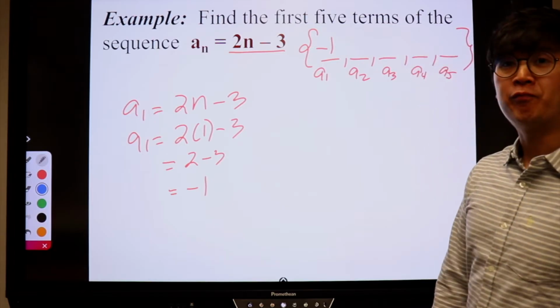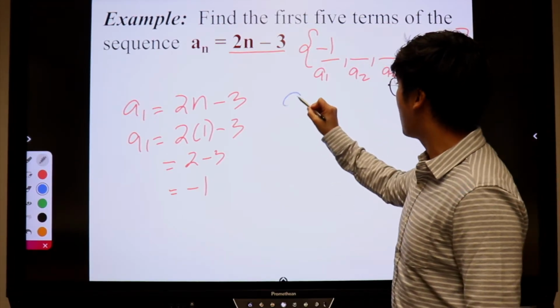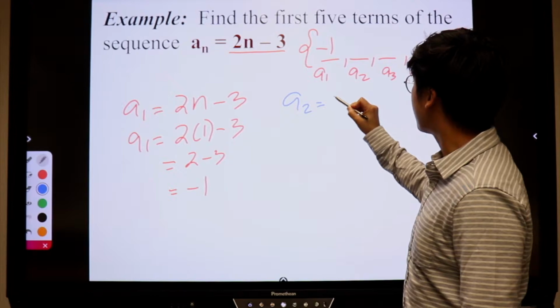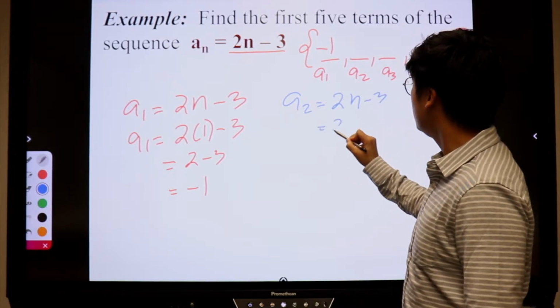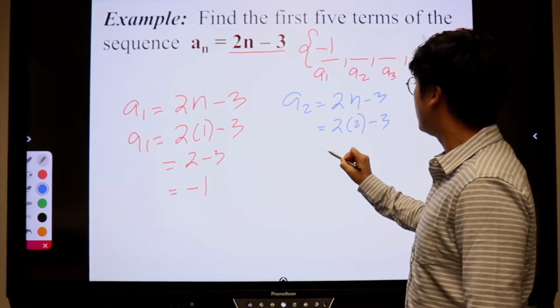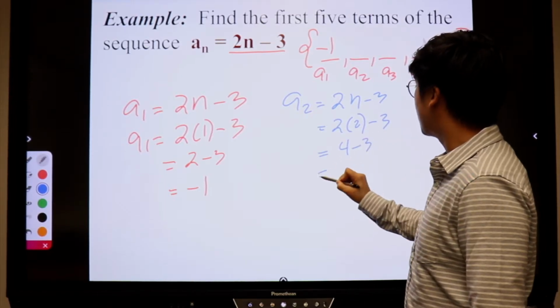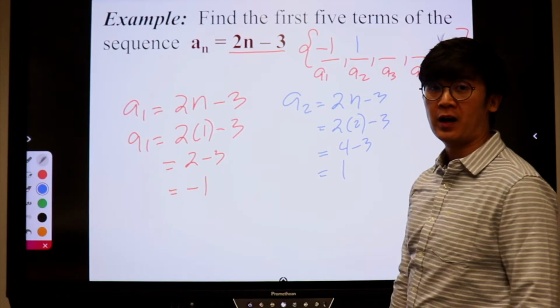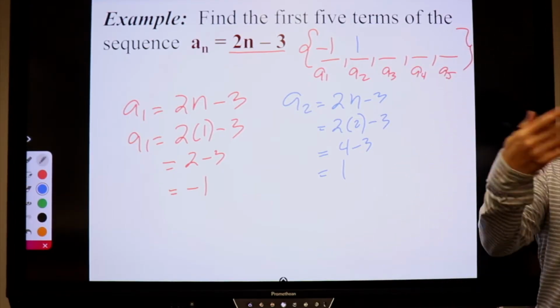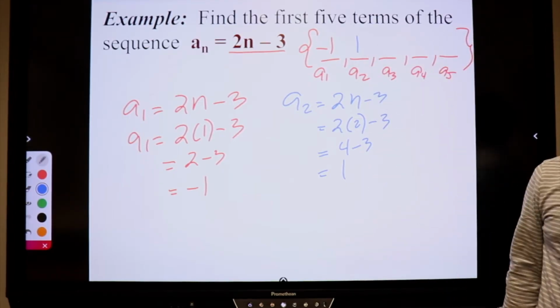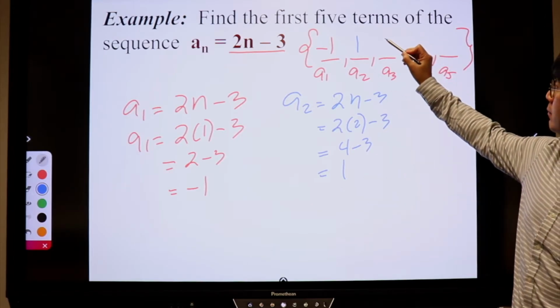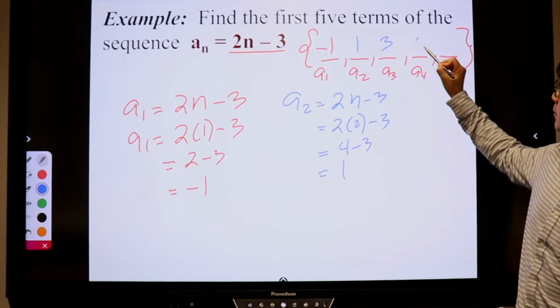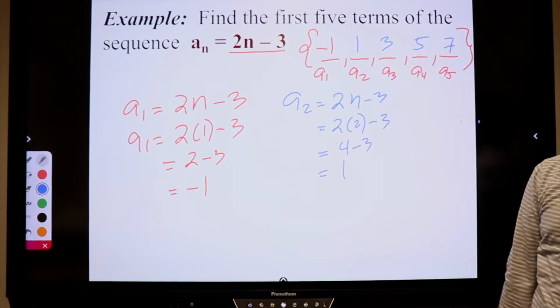So if I'm going to find the second term, I will write a sub 2 using the formula 2n minus 3. I'll replace n with 2 and then do the math, which gives me 1. Were you able to complete the first 5 terms using the formula? Yes. What's the third term? 3, 5, and 7.